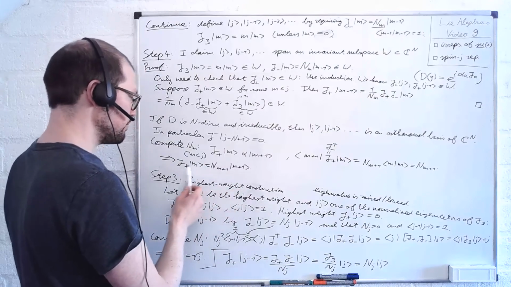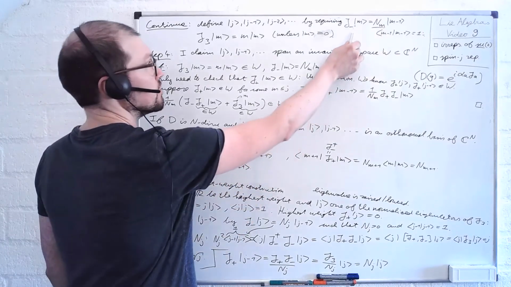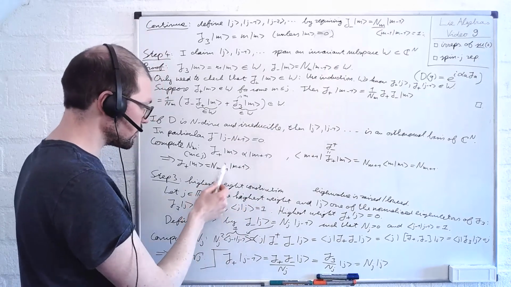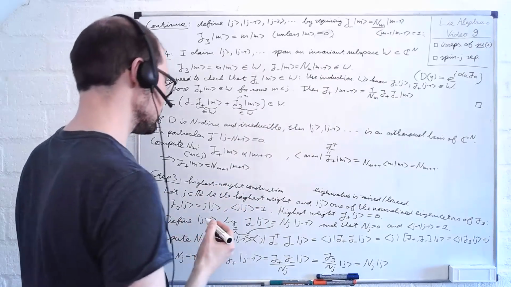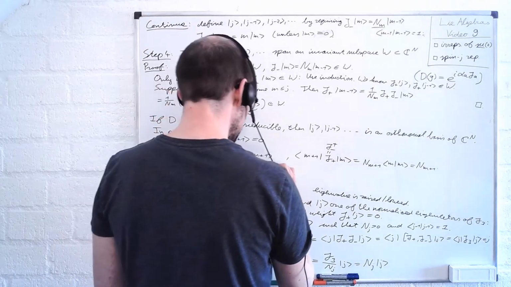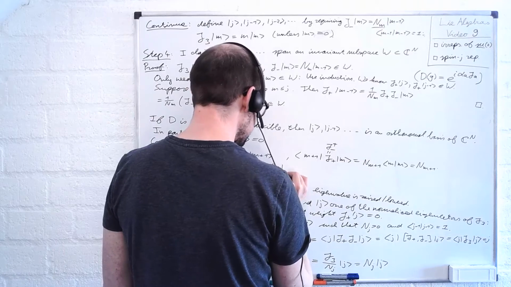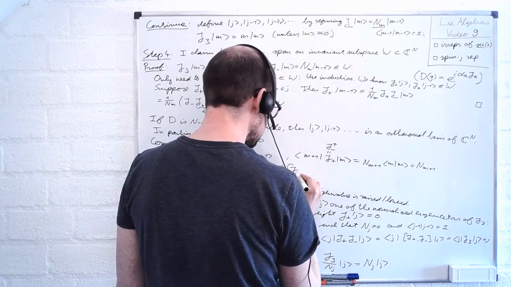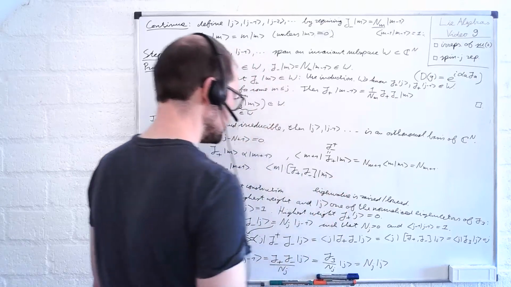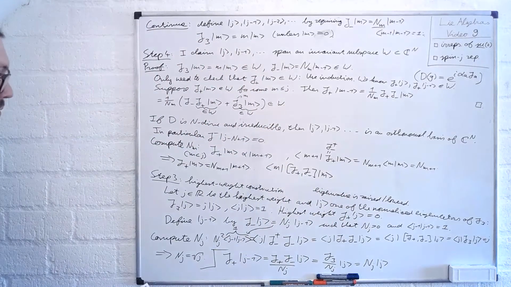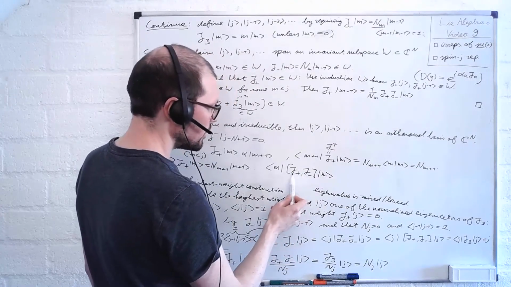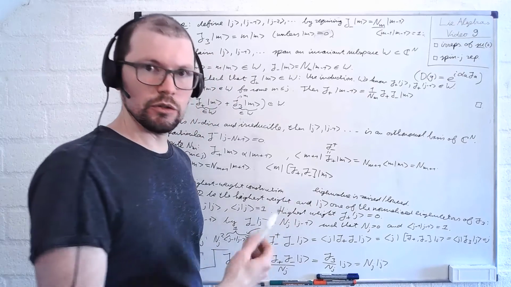And from this relation together with that relation, we can now determine a recursion for these normalization constants as follows. So we're going to compute now the inner product of the commutator of j plus and j minus acting on m. Now we know that the commutator of j plus and j minus is going to be j3.